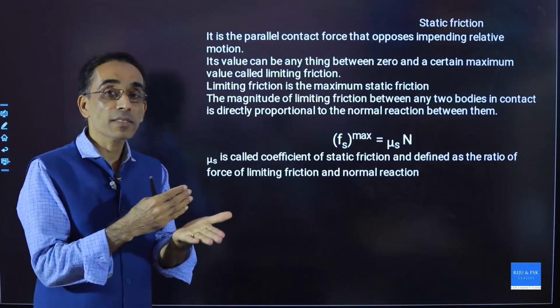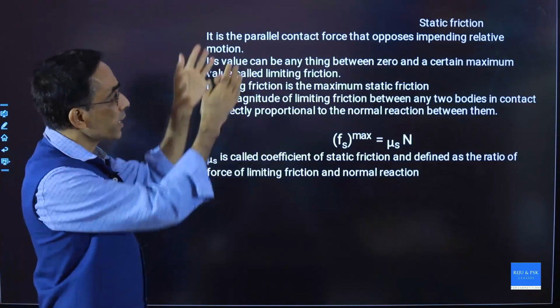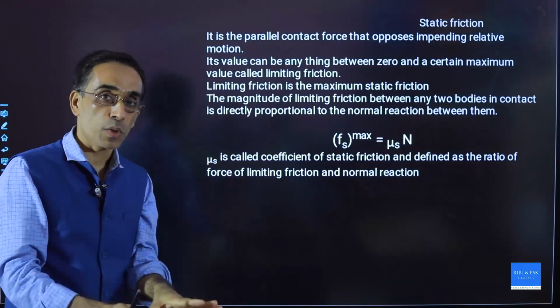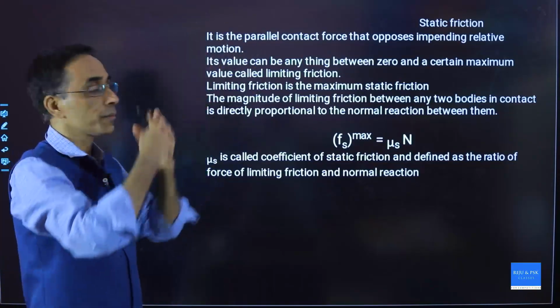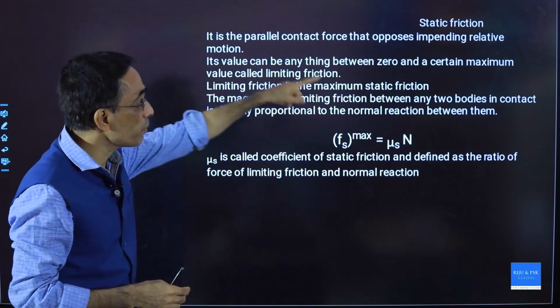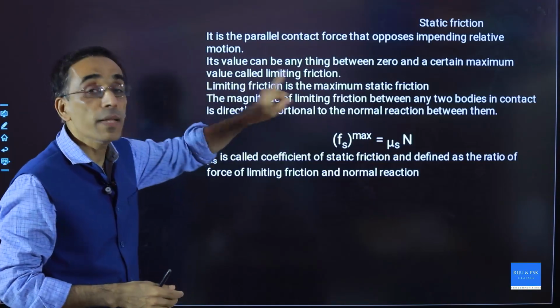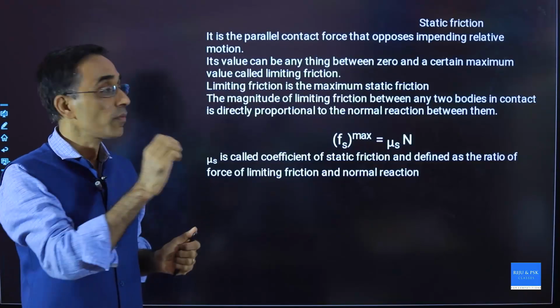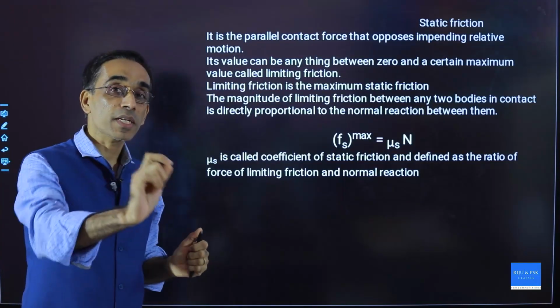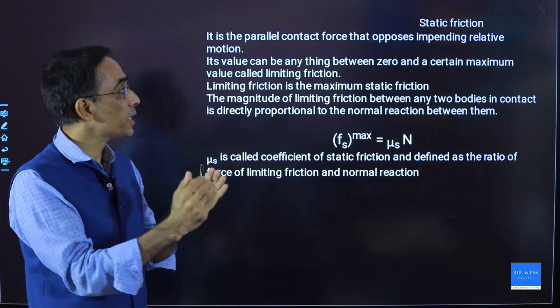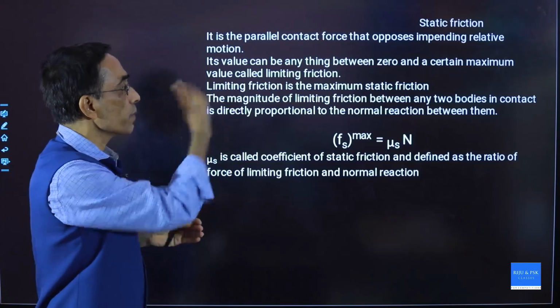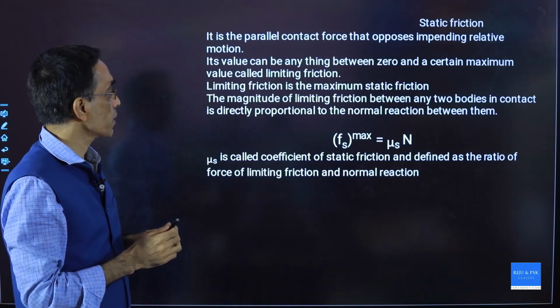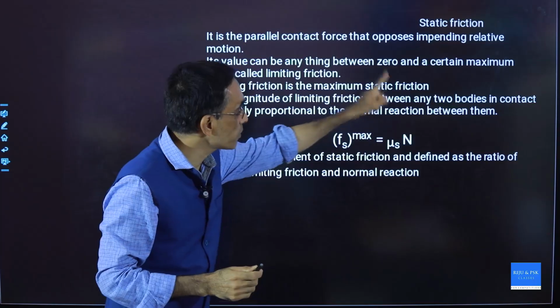Important point: static friction has a range. It can be 0 or it can increase to a maximum. And the maximum value is called limiting friction. What is limiting friction? Answer: the maximum value of static friction is called limiting friction. Limiting friction is the maximum static friction.